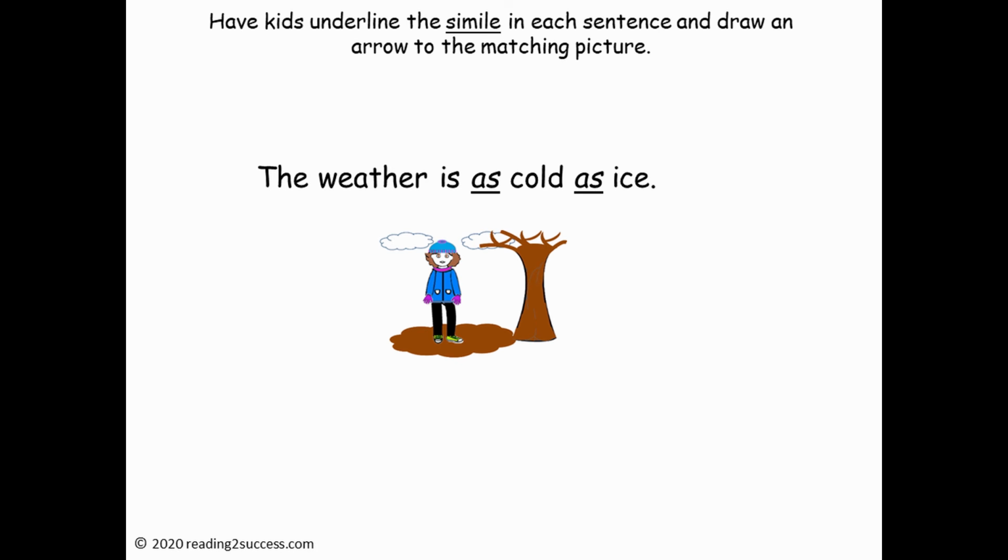With kids, read the first sentence. The weather is as cold as ice. Next, remind kids that similes use the word like or the word as. In this example, the word as is used. So have kids underline the words as cold as ice.